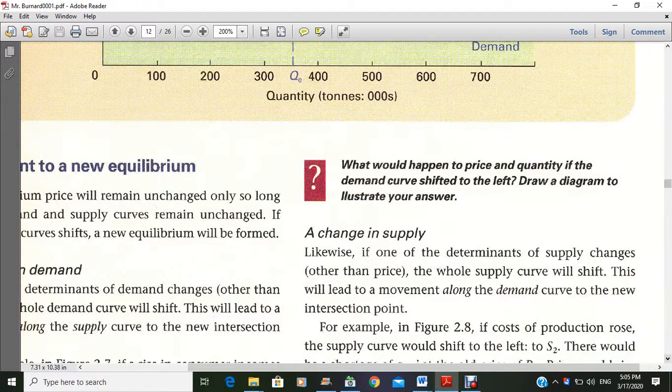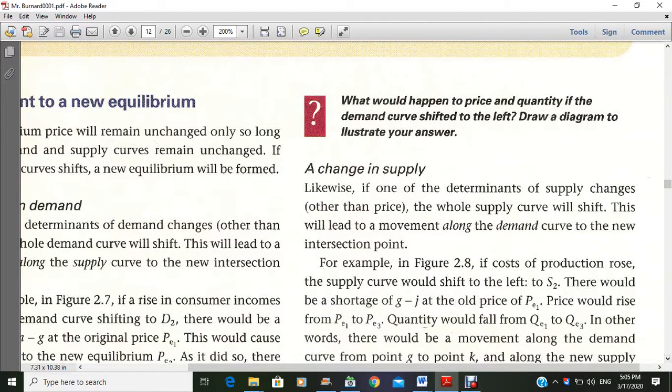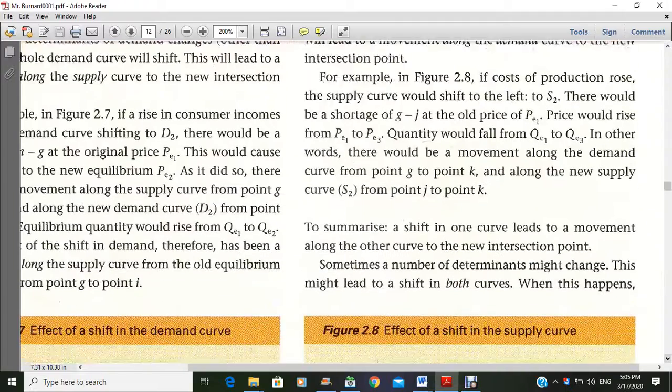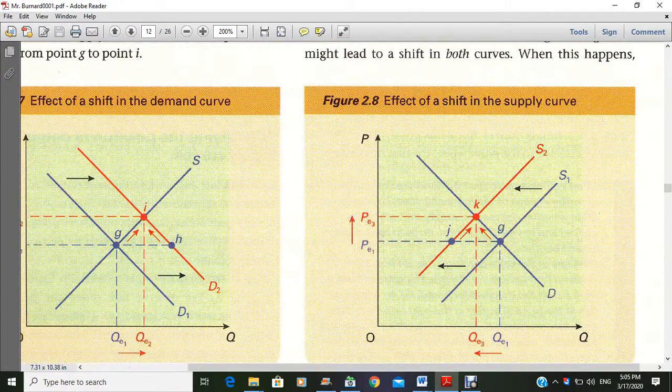Likewise, if one of the determinants of supply changes other than price, the whole supply curve will shift. This will lead to a movement along the demand curve to the new intersection. Let's look at it now. In this case, there is a shift in supply.